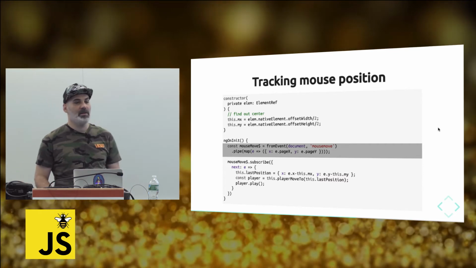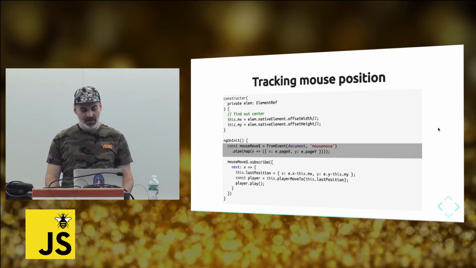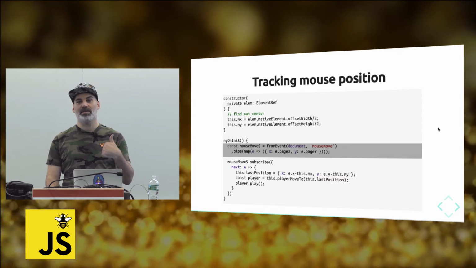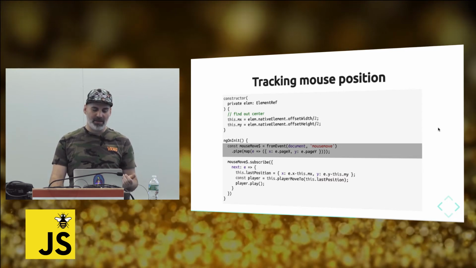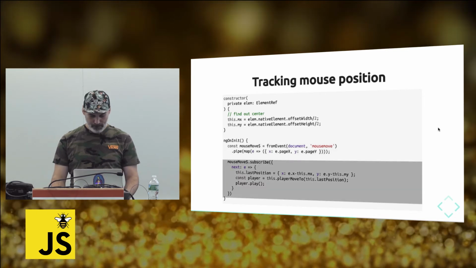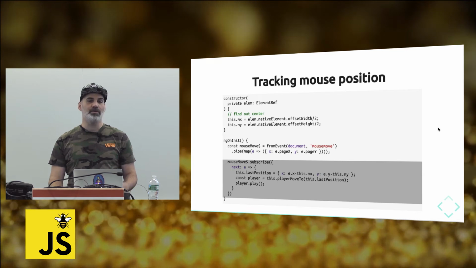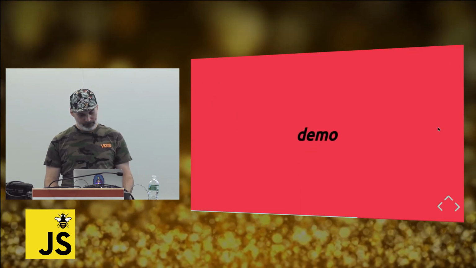And then we will map the mouse move events with this function that creates the animation on the fly. So here I'm just getting a nice object with just the X and the Y coordinates. And then I use the subscribe just to call my player, build the animation, and then run it.